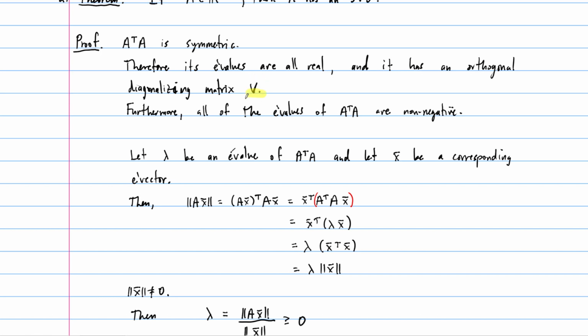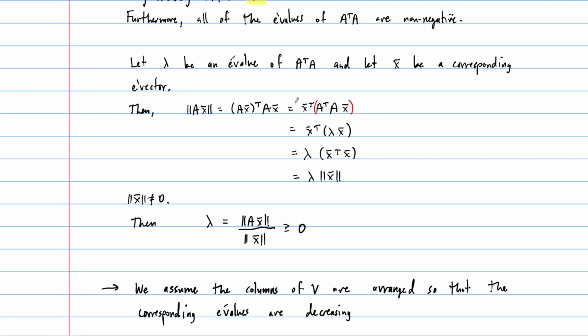So the matrix of the orthonormal columns, the orthonormal eigenvectors, basically. Because A transpose A has orthogonal eigenvectors anyway, you just need to make sure that they're each unit vectors in your matrix V and that they're ordered in the same order as the decreasing eigenvalues, right?